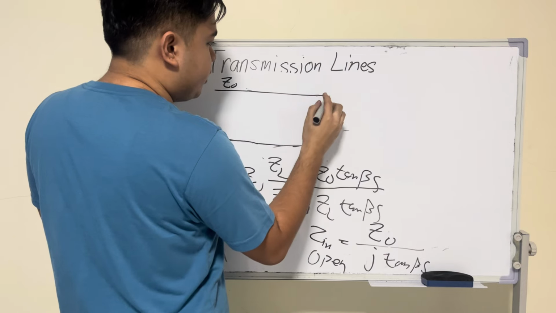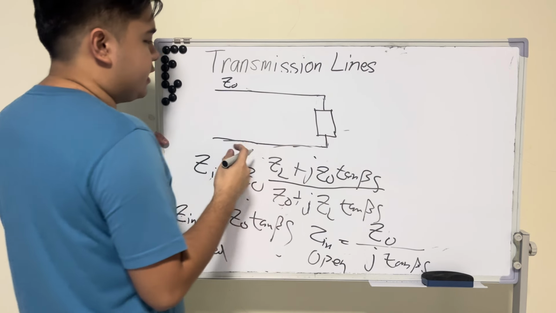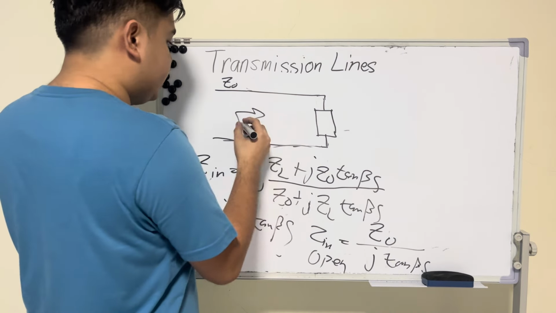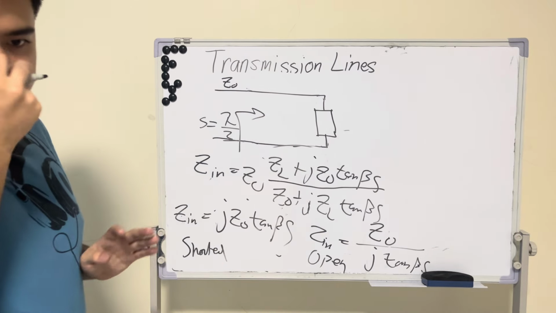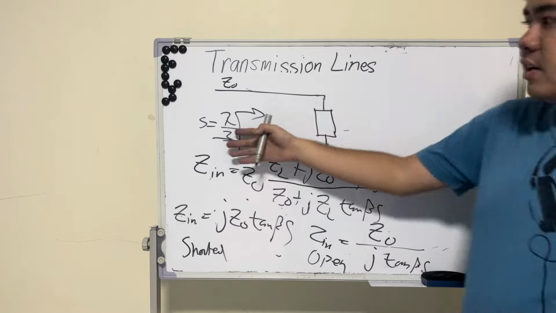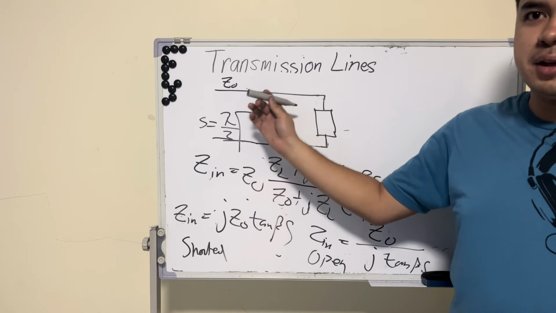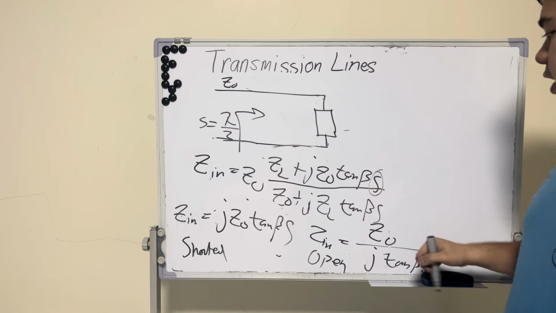Now, let's look at it another way. Maybe there is a load here, but our distance is here, which is going to be half a wavelength away. So what will happen if we try to find the input impedance from half a wavelength away? Well, that's where this S comes in handy.